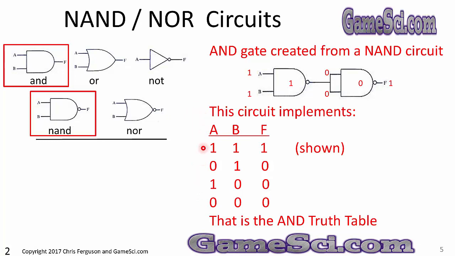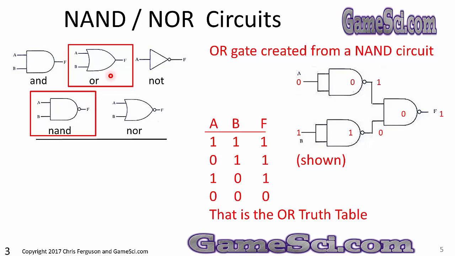And guess what this truth table is? This is the AND truth table. Once again, I've only shown one set of inputs. When there's an input on A and B, boom, this is what the circuit works out to at the end. Two 1s on the input produces a 1 on the output, which is exactly what you want an AND gate to do. This is an AND gate built entirely of NAND gates.